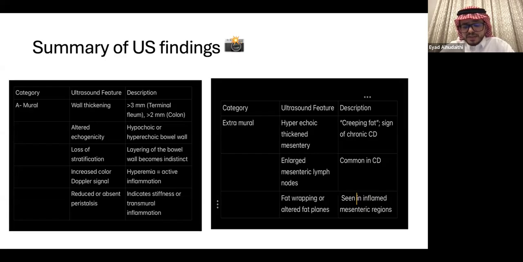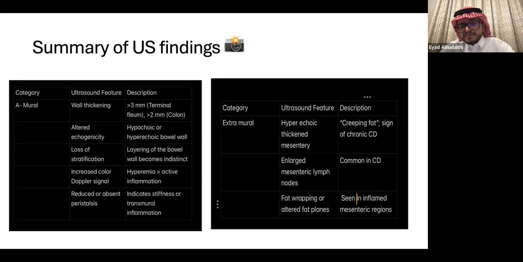In our practice, anything above 3.5, either in the colon or TI, is considered abnormal. If you find altered echogenicity, loss of stratification, increased color Doppler like hyperemia, which indicates active inflammation, reduced or absent peristalsis, which indicates stiffness or transmural inflammation, along with the extramural findings on your right, like creeping fat, which is a sign of chronic Crohn's disease, enlarged mesenteric lymph nodes, or fat wrapping.